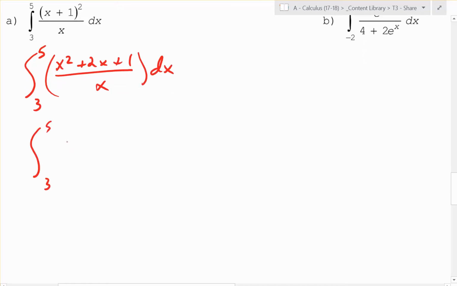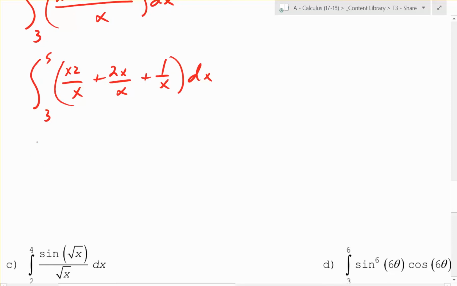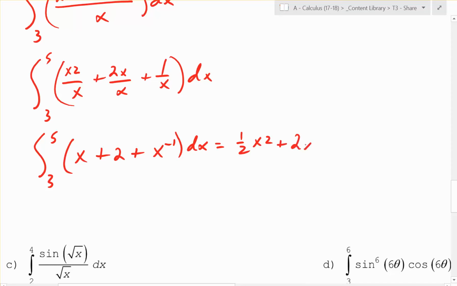It's the integral from 3 to 5 of x squared over x plus 2x over x plus 1 over x dx. So what's that going to simplify to? The integral from 3 to 5 of x plus 2 plus x to the negative 1. Now we can just do the integral of that without using substitution. That's going to be 1/2 x squared plus 2x plus ln of x from 3 to 5.